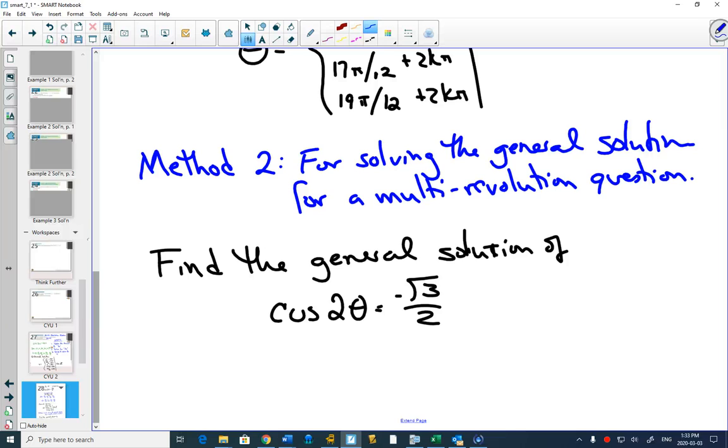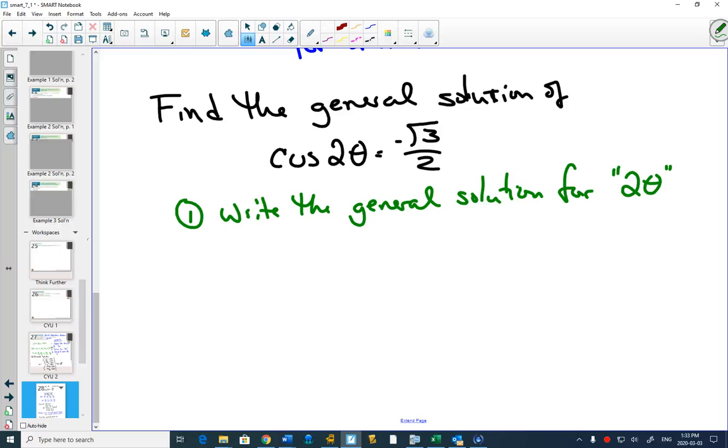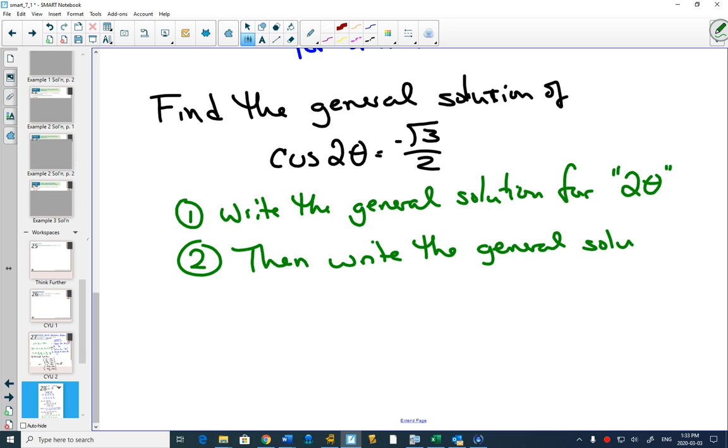In this method, what you do first is you write the general solution for 2 theta, or whatever the multi-revolution is, and then you can write the general solution for theta.